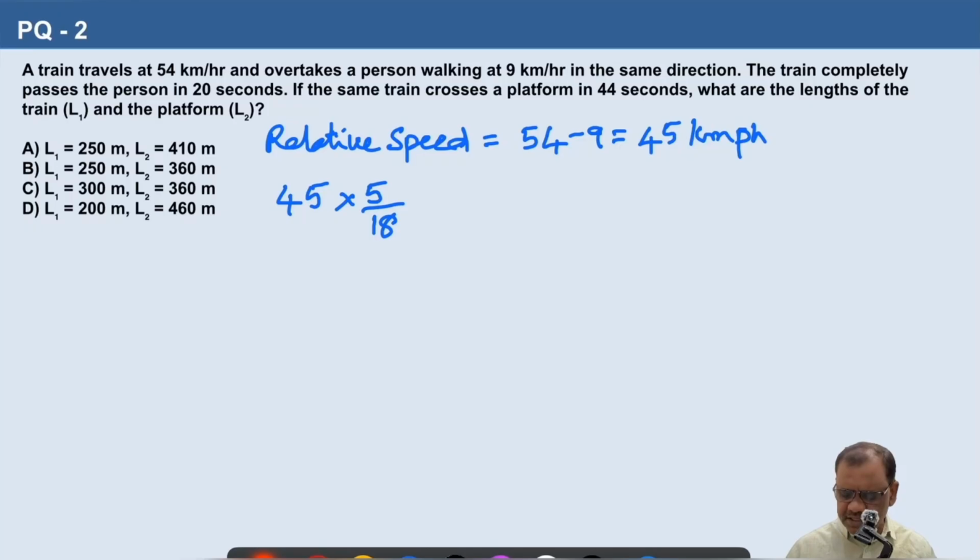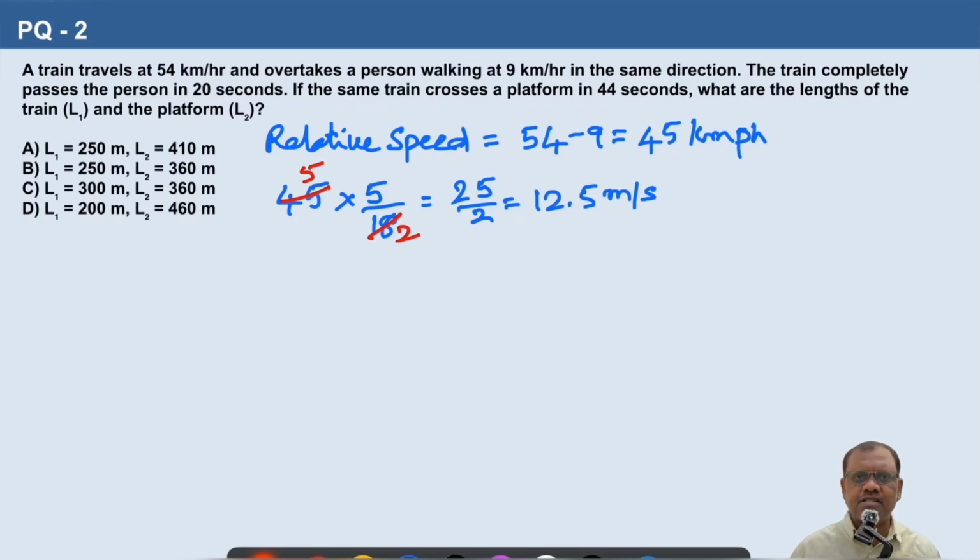If you simplify this, 9 twos, 9 fives. So what is remaining here? 5 into 5, 25 by 2, that is 12.5 meters per second, or 25 by 2. Anyway, you can continue.